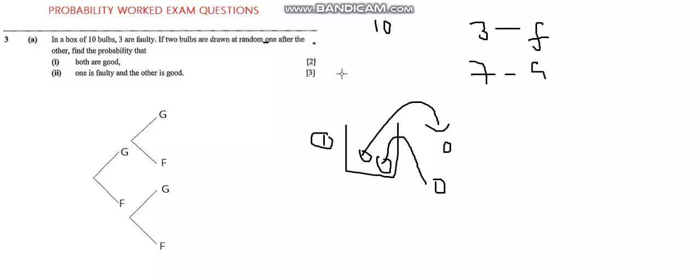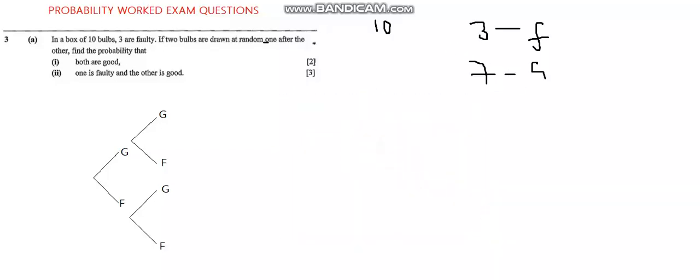In this case, we have a total number of 10 bulbs. This is the total number of bulbs we are going to have in the first selection. That's our first selection. Then we have our second selection here.